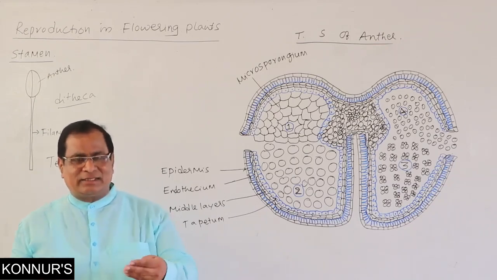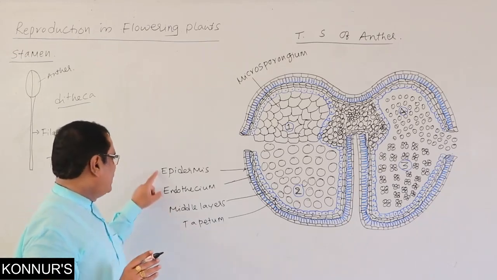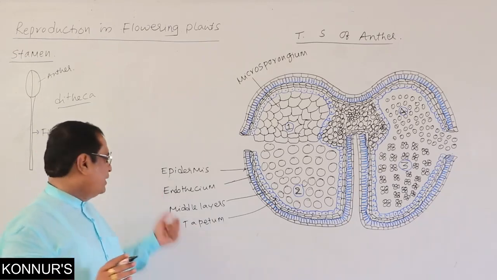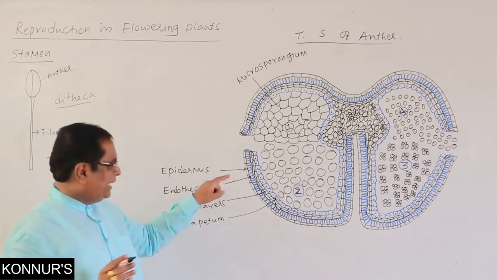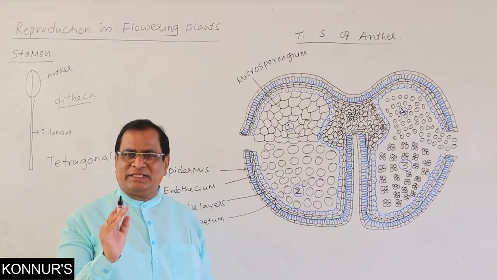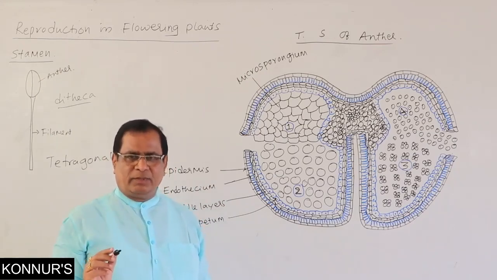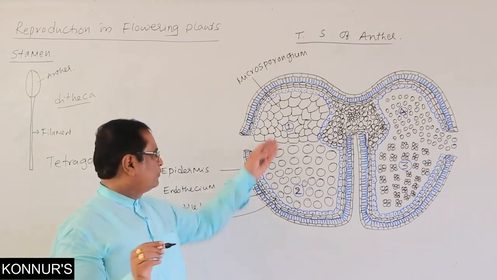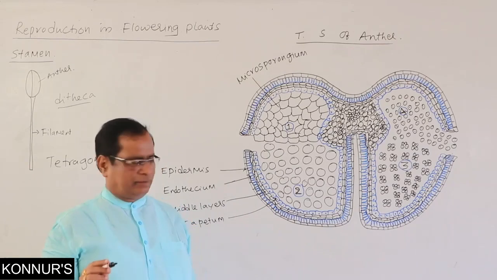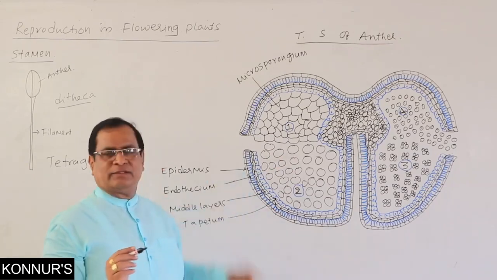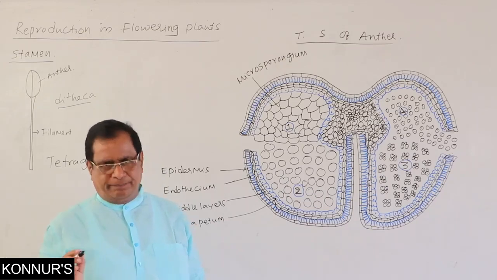Their release is under the control of the epidermis, endothecium and middle layers. The innermost layer, the tapetum, is a nourishing layer that gives nourishment to the pollen grains or microspores.